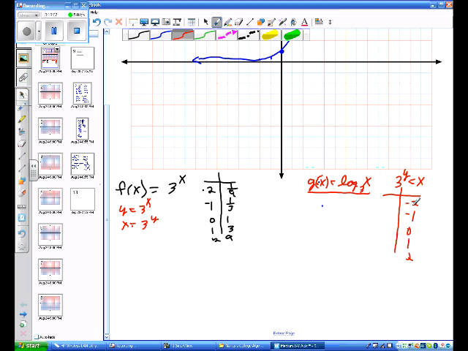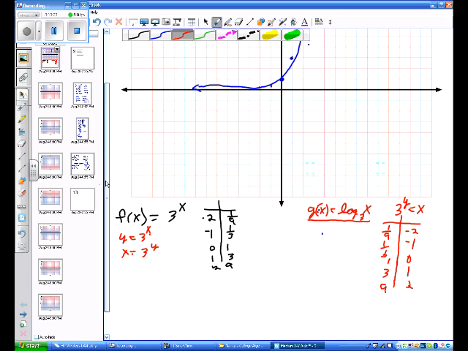If I do that, 3 to the negative 2 is 1/9. 3 to the negative 1 is 1/3. 3 to the 0 is 1. 3 to the first is 3. 3 squared is 9. And you can see that my x's and y's just switched. That's what happens when we do an inverse.